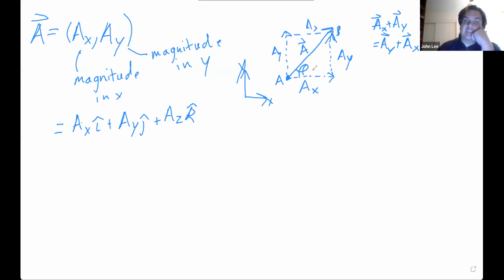Okay, so this is kind of getting a little crowded, but hopefully if you've been paying attention, you should still be able to parse this.